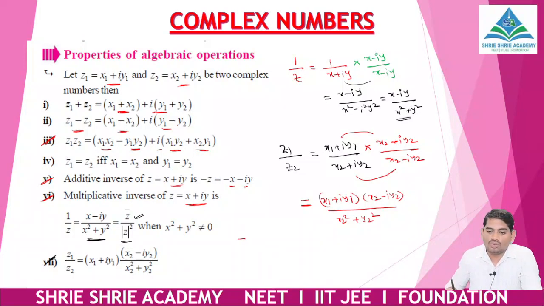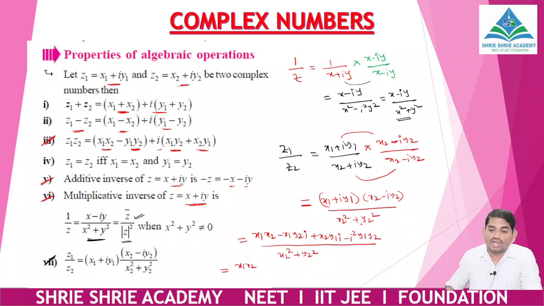In the numerator we get x1 x2 minus x1 y2 iota plus x2 y1 iota minus iota square y1 y2, whole divided by x2 square plus y2 square. Now what is the real part in the numerator?